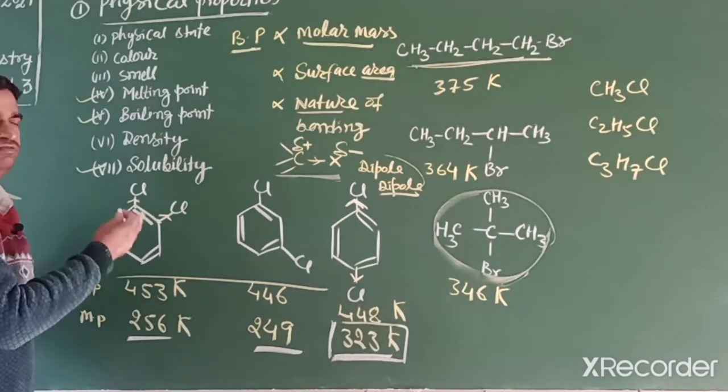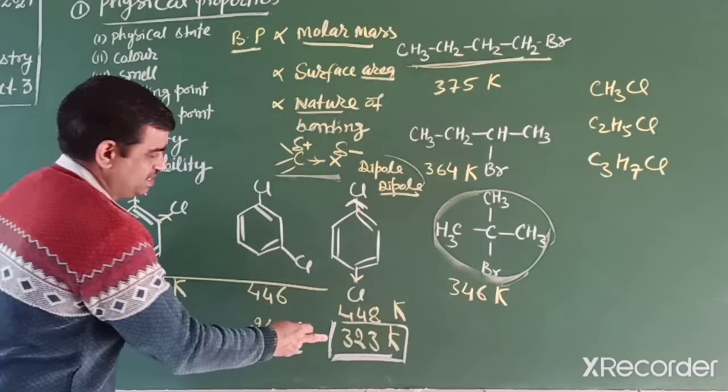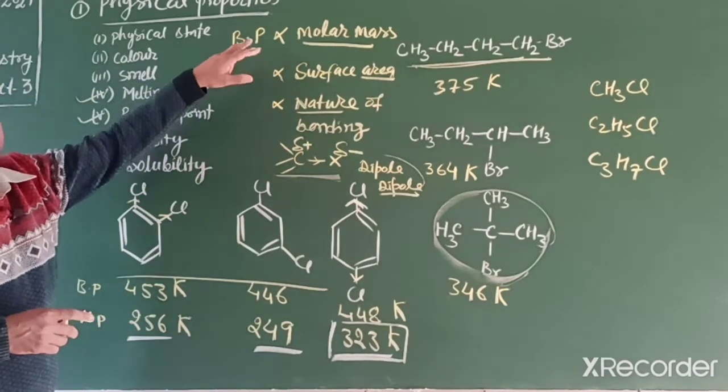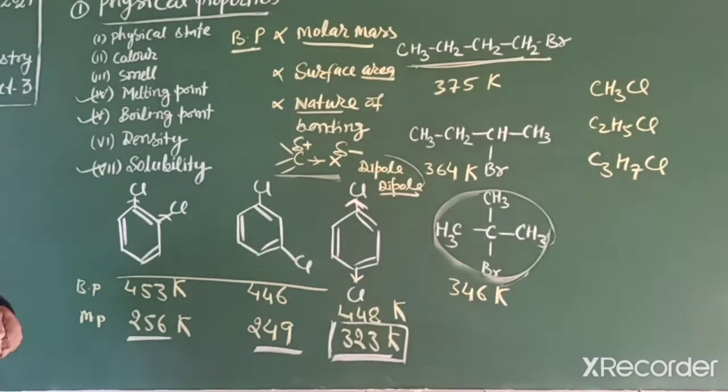Ortho isomer has the higher boiling point, para has the higher melting point. So boiling point depends on these 3-4 factors.